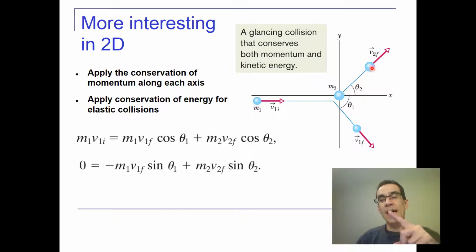On the other hand, I know that when I do v2f m2 sine of theta 2, it has to be a positive number. One has to be positive, the other one has to be negative. I'm using angles theta here that are both positive and both less than 90 degrees. So when I add these together, I have to get 0.